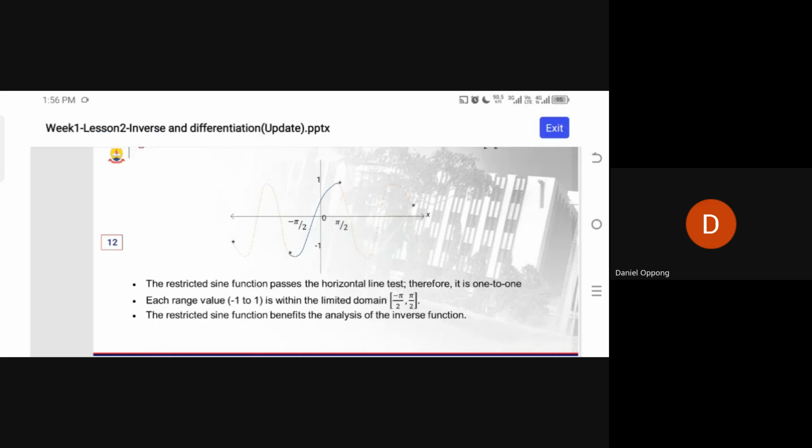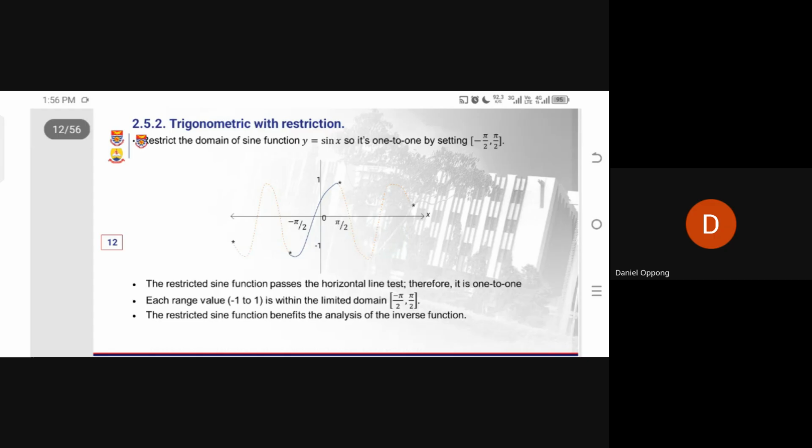Here the restriction is the interval negative pi on 2 to pi on 2, so it is strictly bounded. When you sketch the graph, this is what you get. The sketch is actually the blue line, not the dotted ones.